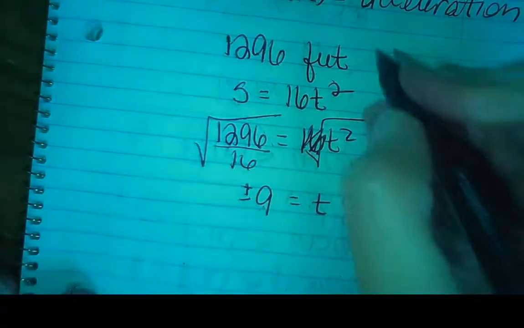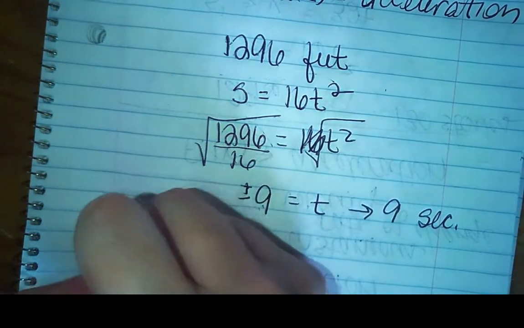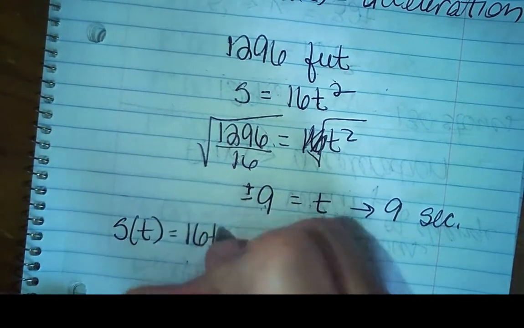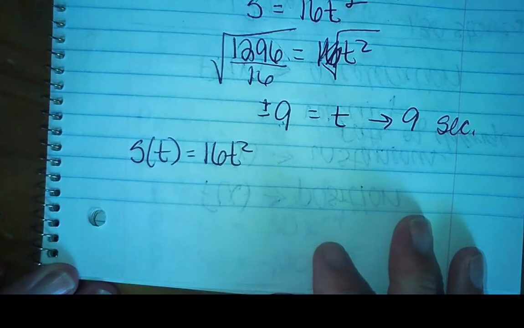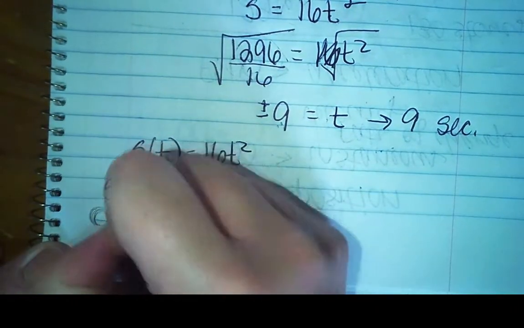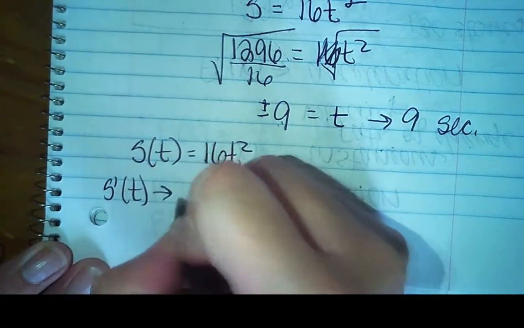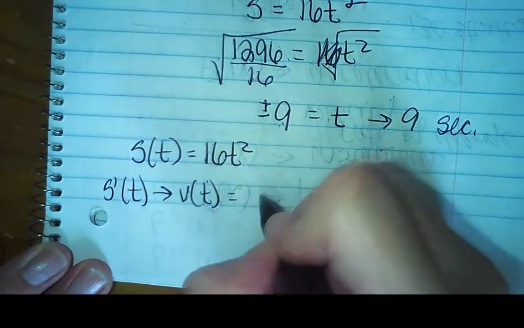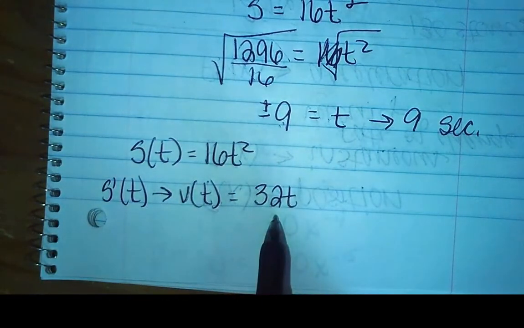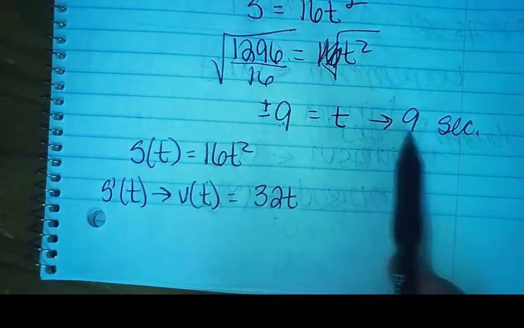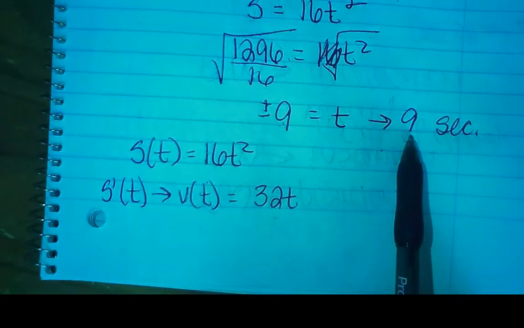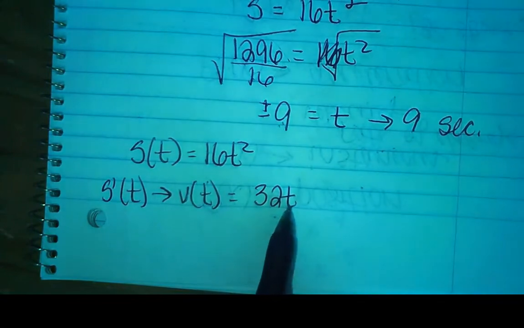Now come back up here. If my position function is 16t squared, then my first derivative will tell me velocity, which is 32t. Remember, we're measuring in terms of time, and now I know when it hits the ground. So what is its velocity when it hits the ground?